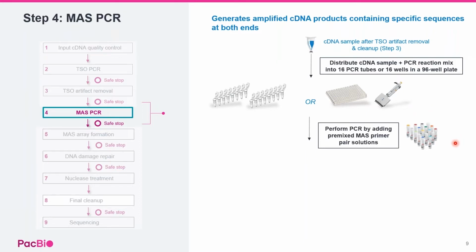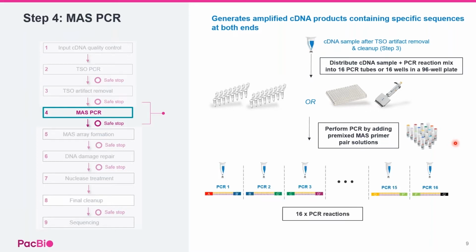The pre-mixed primer solutions come packaged in individual tubes, so the users can first transfer the primers into either strip tubes or a 96 well plate, and then use a calibrated multi-channel pipette to add the primers to the samples.